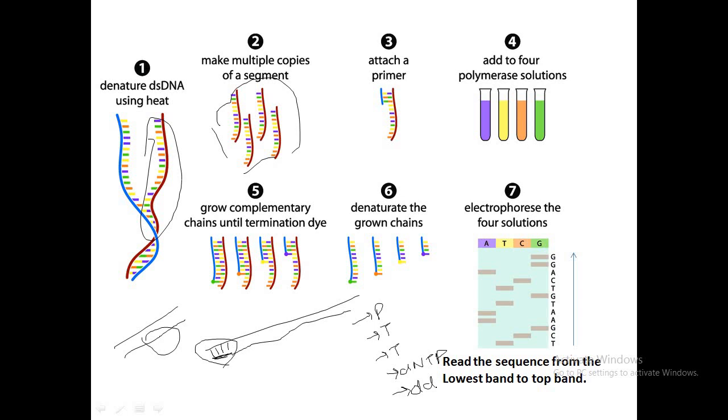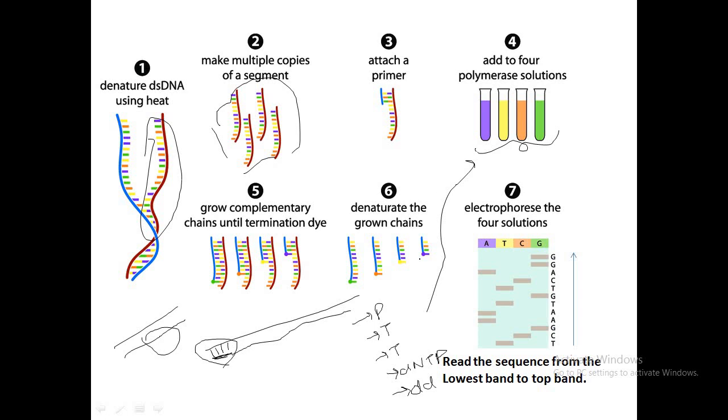Okay, so what you will have to do is carry out each reaction in four different tubes. These are the four different tubes, and because there are four bases, in each test tube you will add a different dideoxynucleotide.